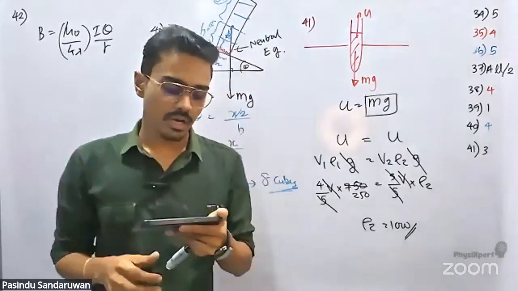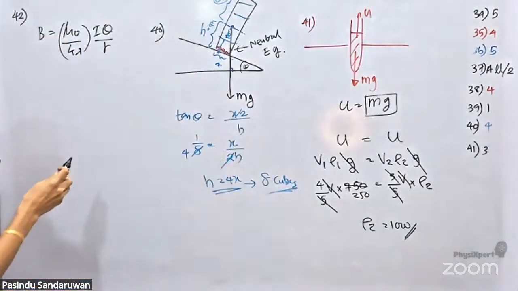Now for A, with 2R and R, you have to check this one by one.